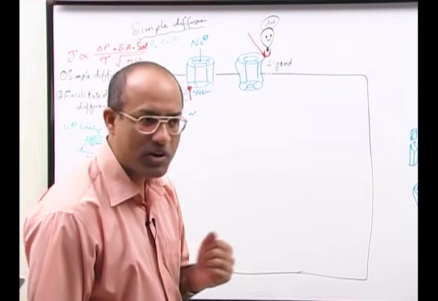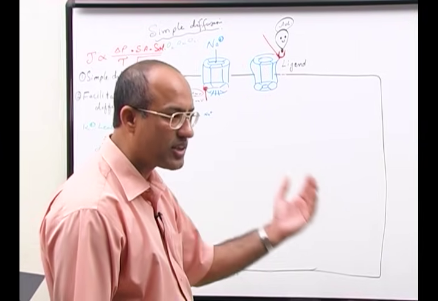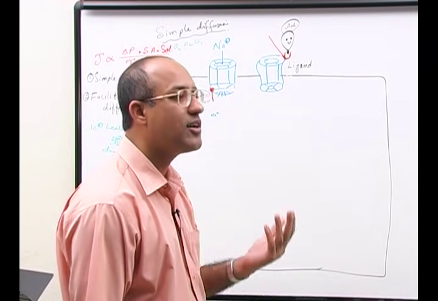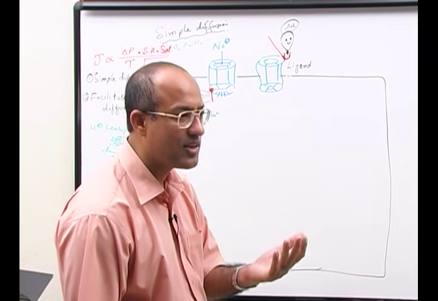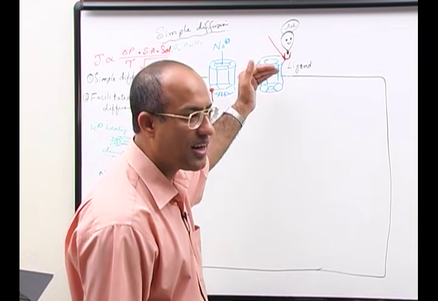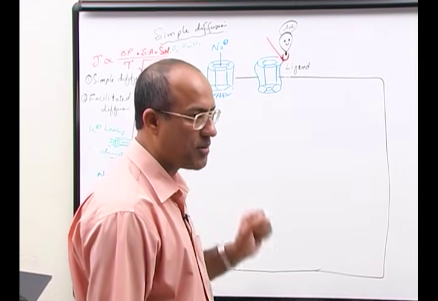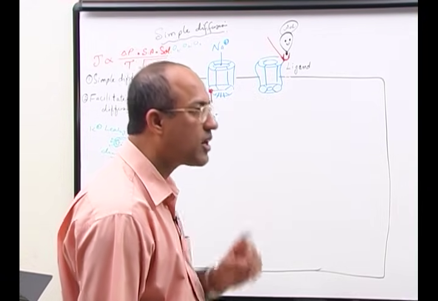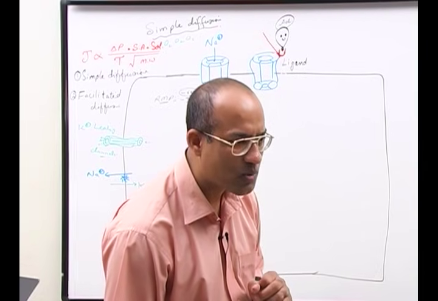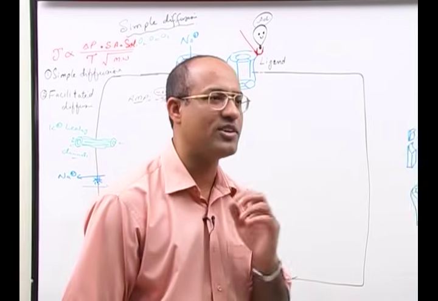But all these channels, whether they are voltage operated, ligand operated or leaky, when they are active, they increase the membrane permeability to a specific ion and let the ion diffuse across the membrane. And all of them are examples of what type of diffusion? Is it simple diffusion? No. It is facilitated diffusion.